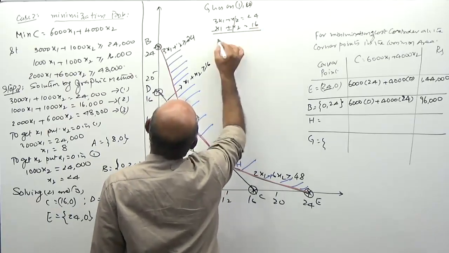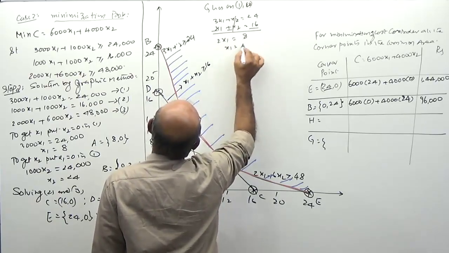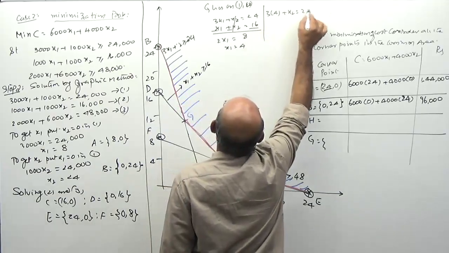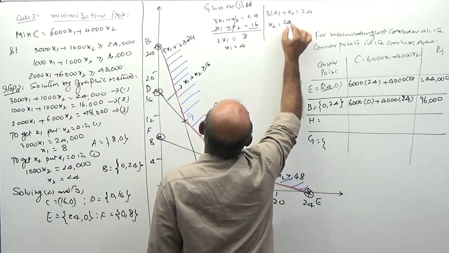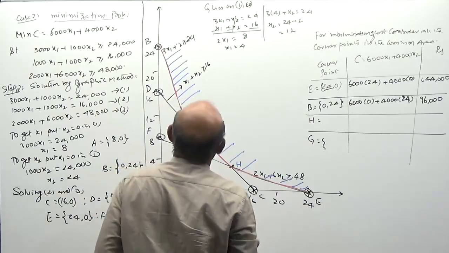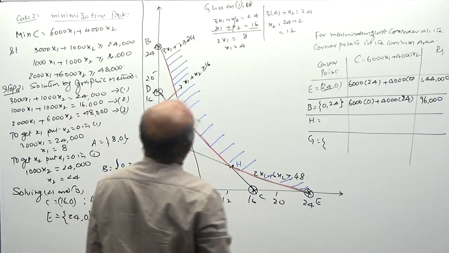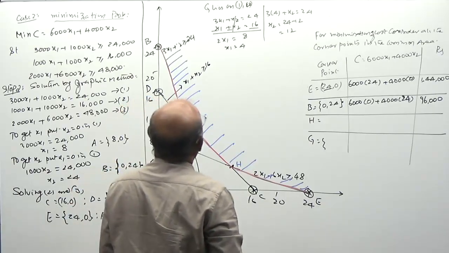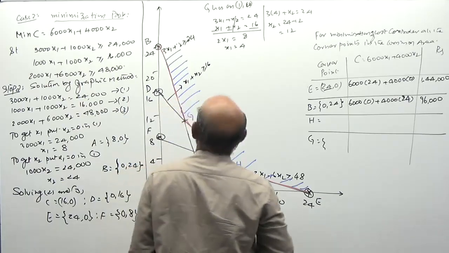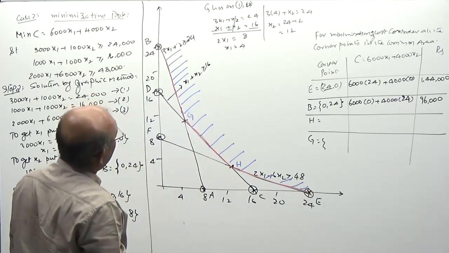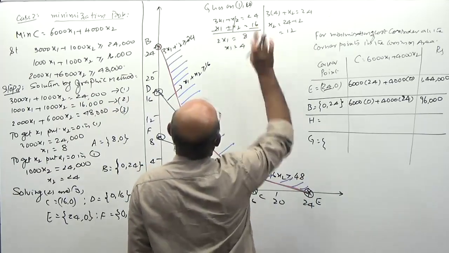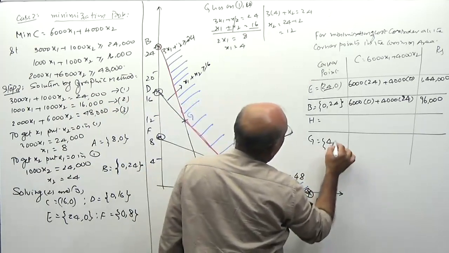Subtracting: 2x1 is equal to 8, x1 is equal to 4. 3 into 4 plus x2 is equal to 24, x2 is equal to 24 minus 12, 12. So 4 comma 12.